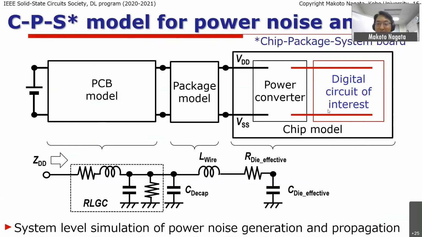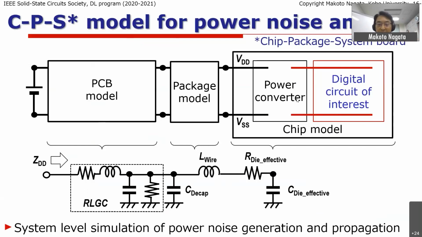They have the digital circuit of interest and also power converter models. The leakage happens internally in the digital circuit of interest. And from the EM point of view, we are focusing on the power current flowing on the VDD and also on the VSS side of the circuit.